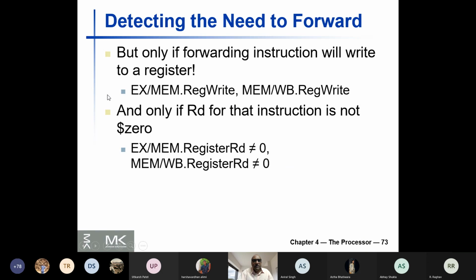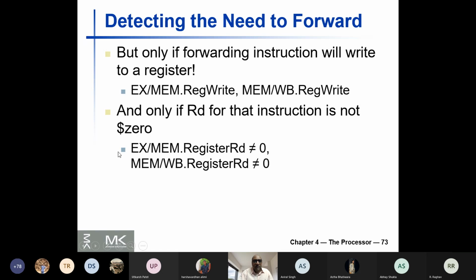So you check the EX/memory stage register write and the memory/write back register write. If they are non-zero, it means the previous instructions will write into the register required by the execution instruction. This is just to check whether the instruction really writes into the register or not.